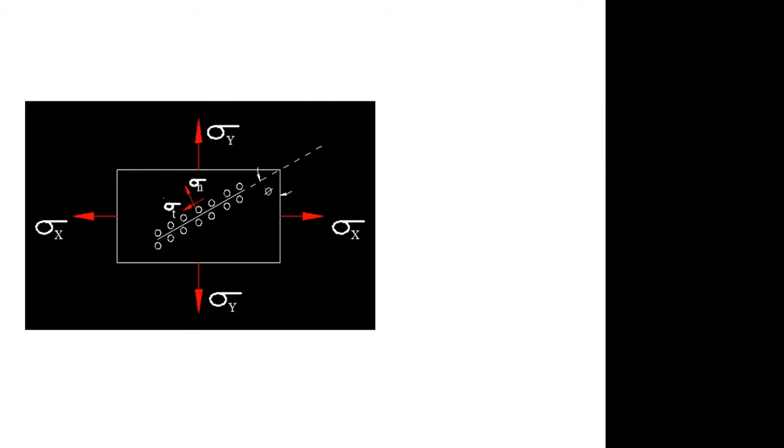Assume along the x direction, that is sigma x, I am applying 70 units of tensile stress, and along the y direction I am applying 50 units of tensile stress. So along x direction 70 and along y direction 50, and the material is capable of withstanding 100 units of tensile stress.